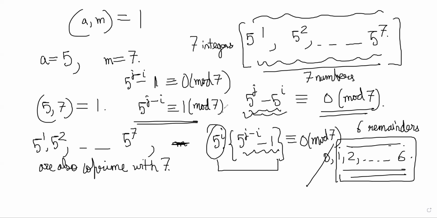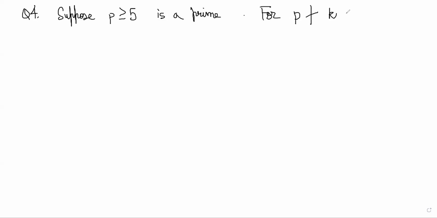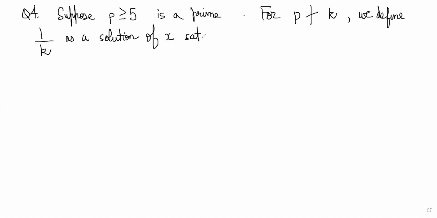Okay. The next one is this question. Suppose p is greater than or equal to 5, p is a prime. For p not dividing k, we define 1 by k, or the inverse of k, as a solution x satisfying the equation kx is congruent to 1 mod p.